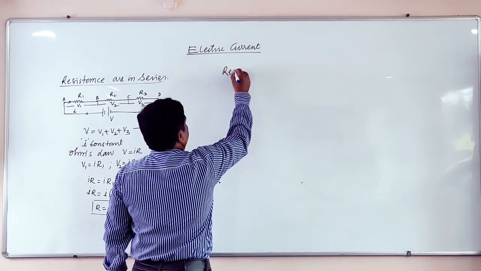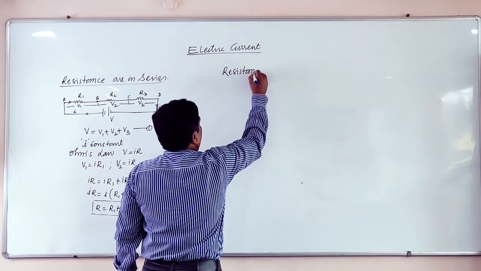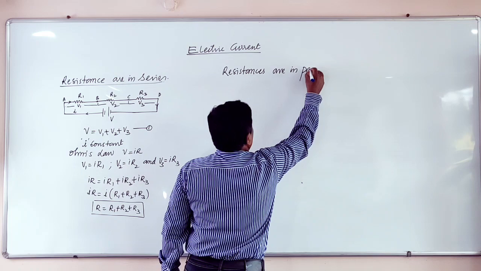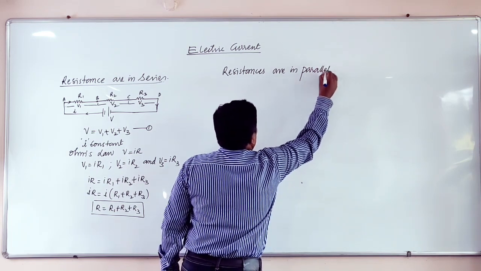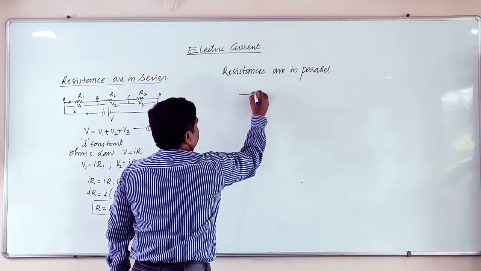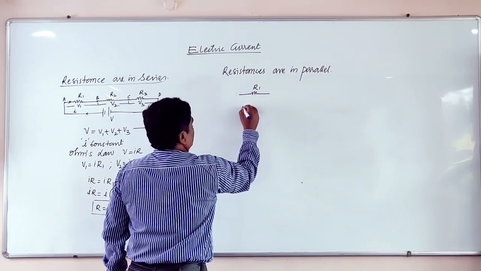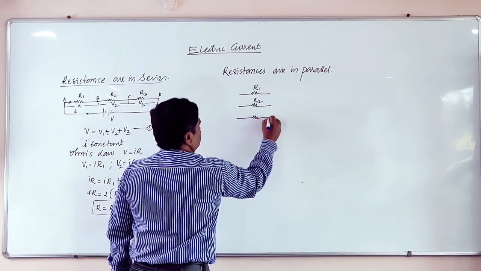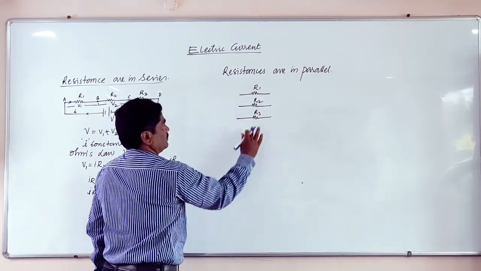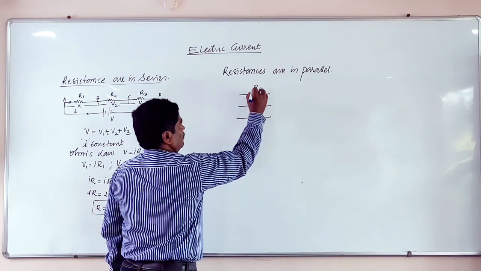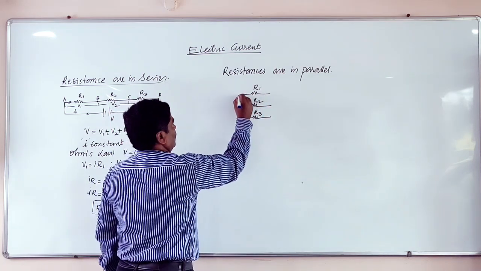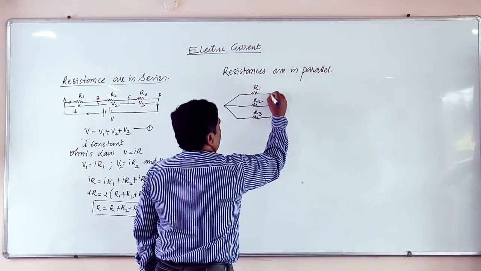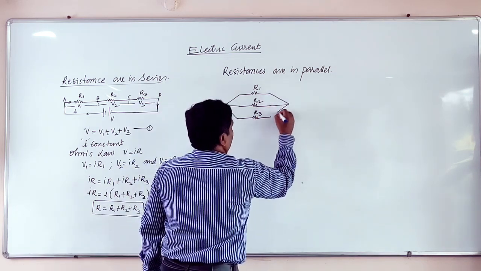Similarly, resistances in a parallel combination. What does parallel mean? The first resistance is R1, the second resistance is R2, and the third resistance is R3. Let us take these resistances R1, R2, R3, all with one end at a common point and the remaining ends at another common point.